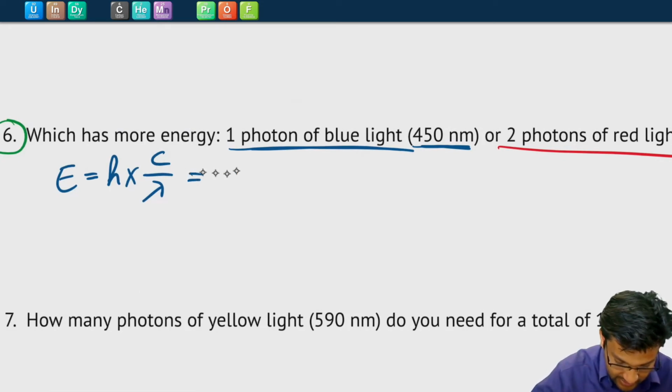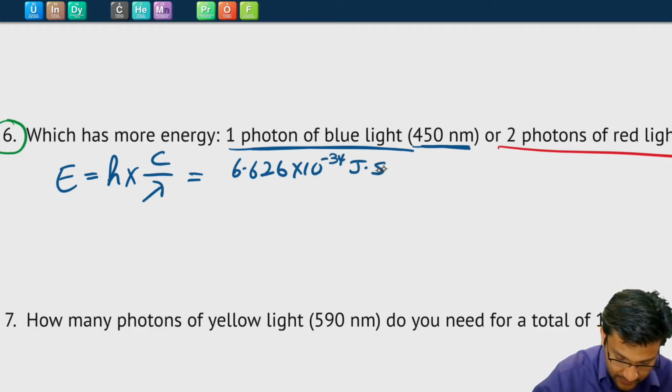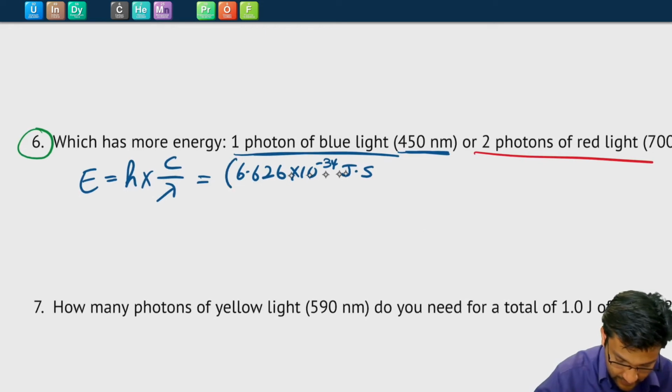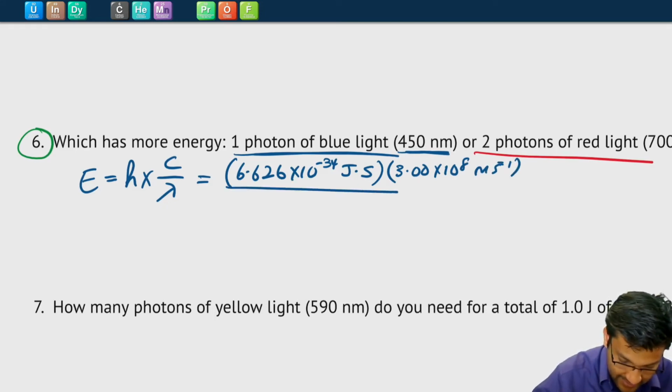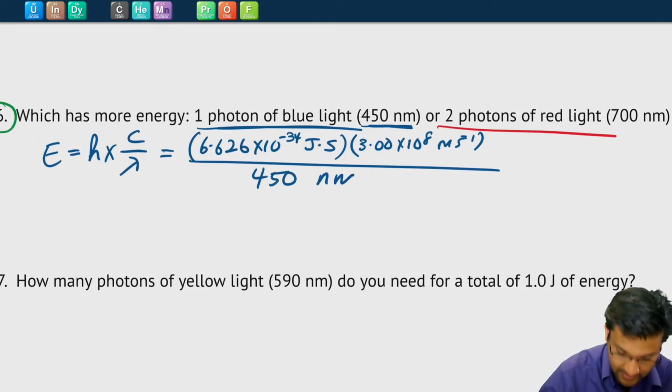h is 6.626 times 10 to the minus 34 joules times seconds. The speed of light is 3.00 times 10 to the 8th meters per second. And the wavelength of light is 450 nanometers, but nano means 10 to the minus 9, so I'm just going to rewrite this as 450 times 10 to the minus 9 meters.